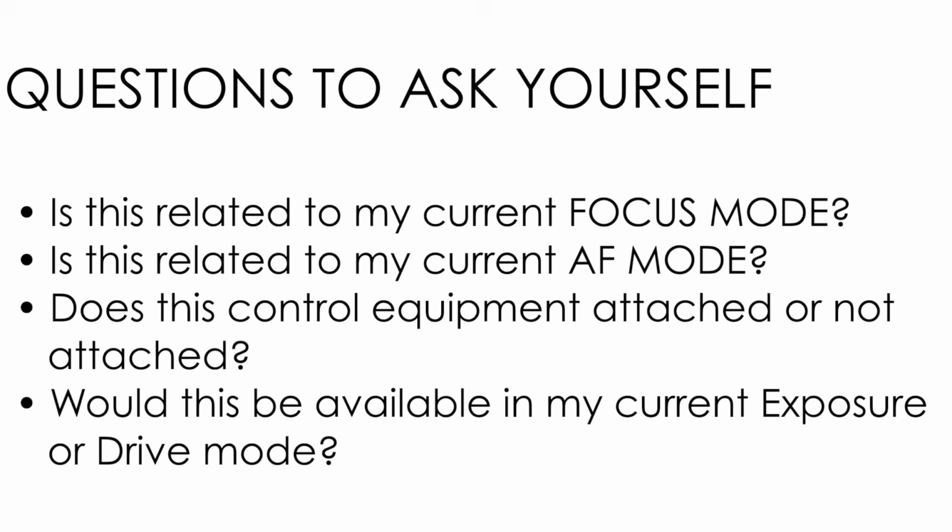Or is this setting related to equipment that I have or do not have attached to the camera, like a certain lens or a flash? Or you can also ask, which exposure mode or which drive mode am I currently in? And is this grayed out setting somehow unrelated or would not be available in that exposure or drive mode?